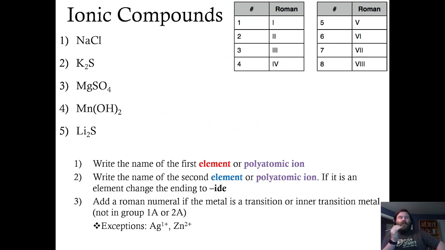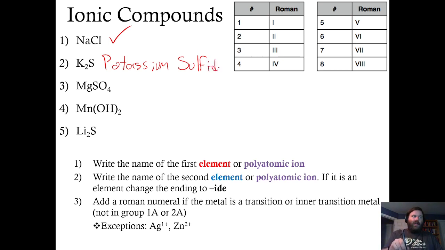Alright, so here are the examples. NaCl, we already did it. It's sodium chloride. So, we got that. This one, first element is potassium. Then the next element is sulfur. But remember, because it's an element and not a polyatomic ion, we end it in -ide.